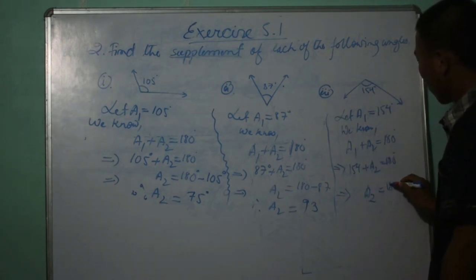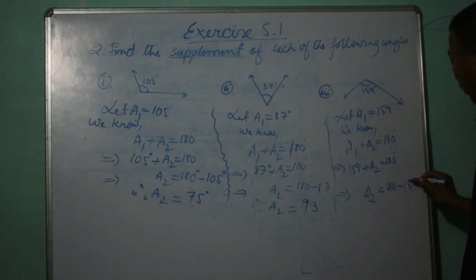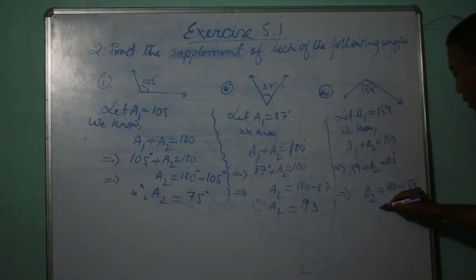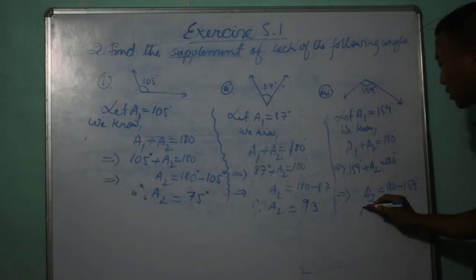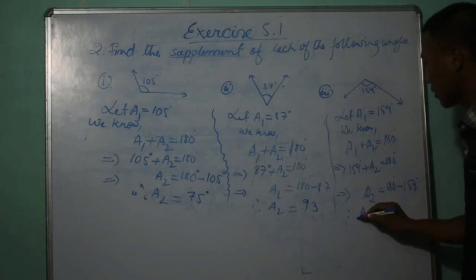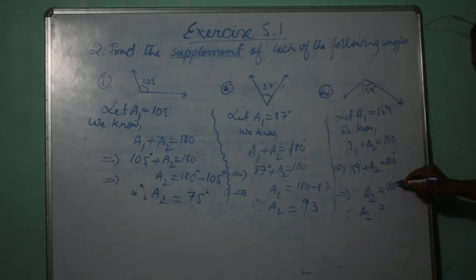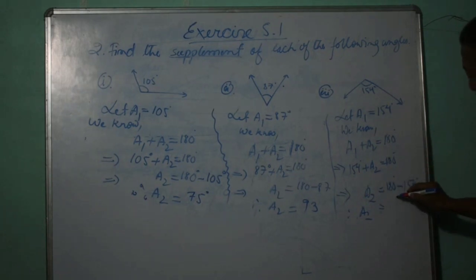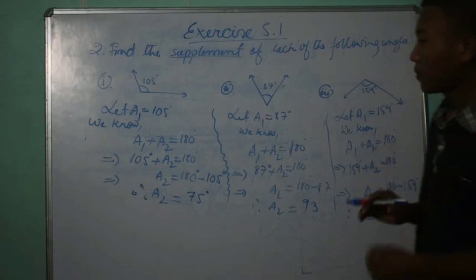A2 equals 180 minus 154 degrees. And our answer will be 10 minus 4 is 6, 7 minus 5 is 2. We will get 26 degrees. So these are the results.